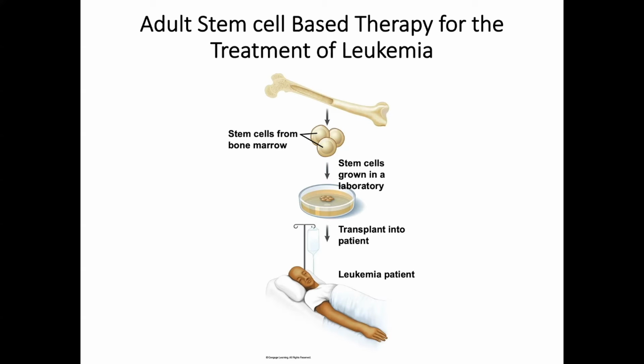Because leukemia is a disease caused by overproduction of white blood cells by stem cells in the bone marrow, after radiation, all the cancer cells will be killed, theoretically, okay? And then the transplanted stem cells will migrate into the bone marrow and begin production of normal blood cells there. That's how the therapy works.